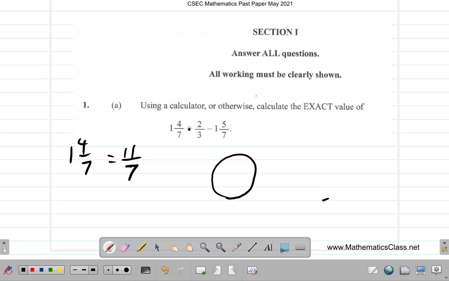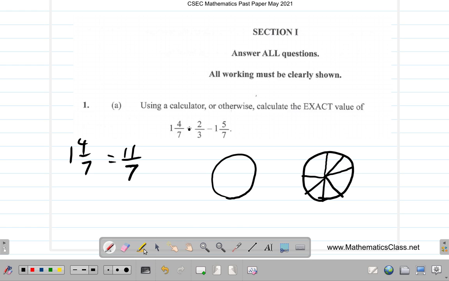The 4/7 is like dividing this into 7 parts. It's supposed to be 7 equal parts. They're obviously not equal, but you get the idea.